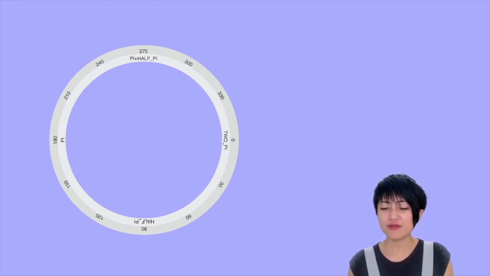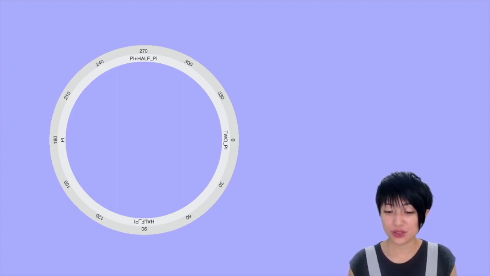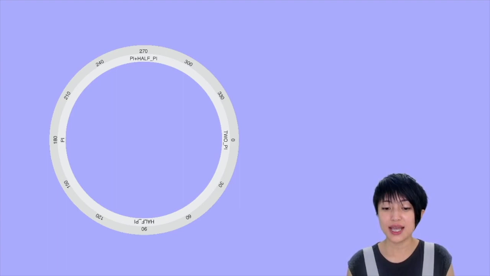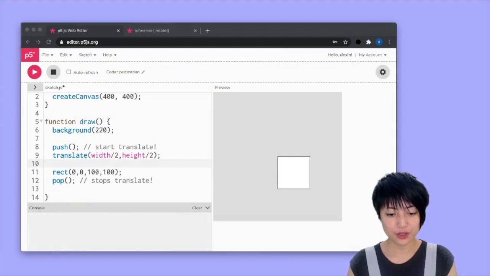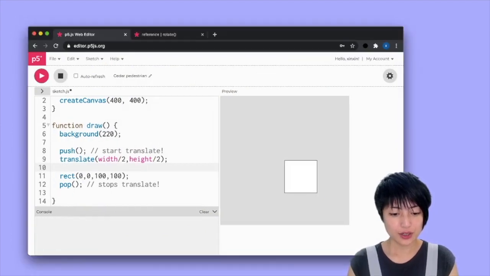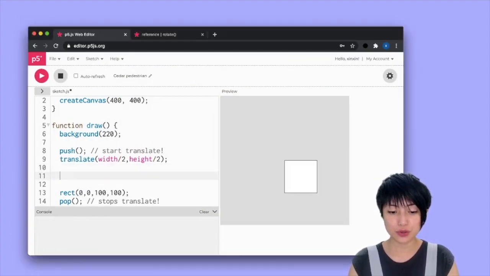It's not very meaningful to rotate a square by 90 degrees. So what I'm going to do is maybe rotate it at 45 degrees towards the pi. So what I might do, returning here, is I might here under translate, make sure that it's under translate, create a rotate feature, and I'm going to say pi divided by 4.